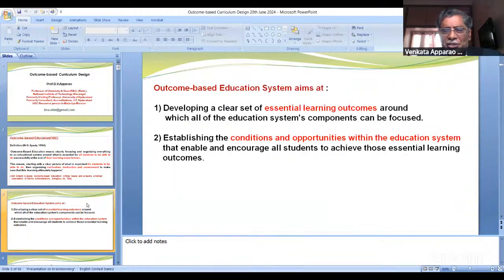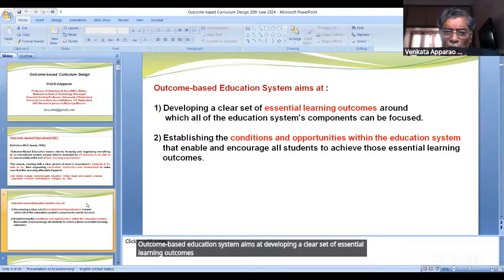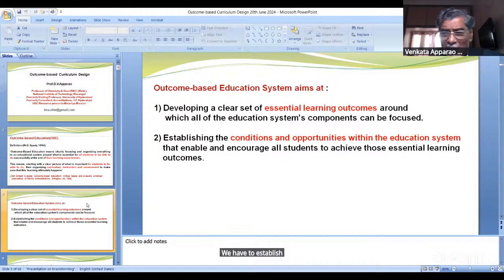Outcome-based education system aims at developing a clear set of essential learning outcomes around which all the education system's components can be focused. We have to establish the conditions and opportunities within the educational system.